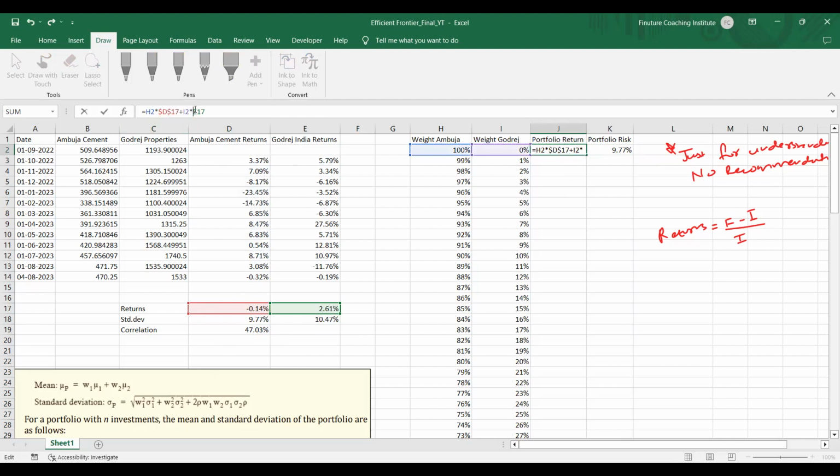I locked D and E. In this also we'll do the same. We'll just keep H and I variable and we'll freeze D and E. So D also here. H, I variable, again D fixed and E fixed. Once this is done, we are ready to drag the formula.